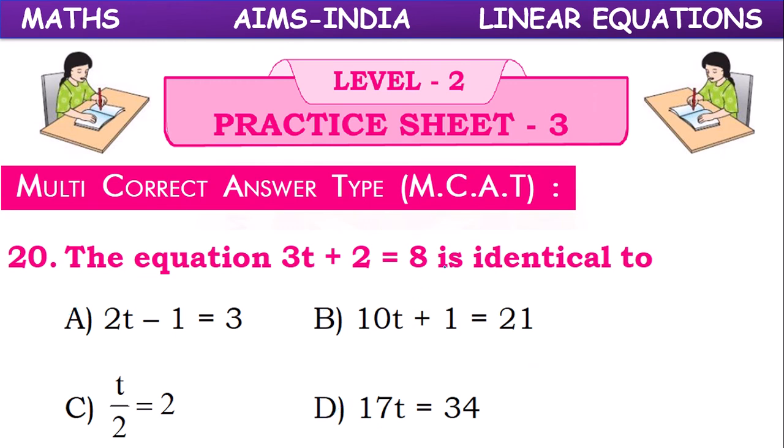So this is a 4 marks question children. If you keep A, B, D, all the correct answers, you will get 4 marks. Suppose if you keep along with correct answers, if you keep wrong answer also, then you will get 0 mark. If there is a wrong answer, though other options may be correct, you will get 0 mark.